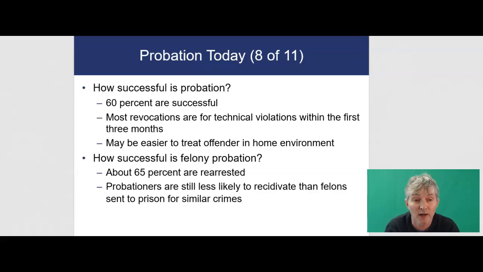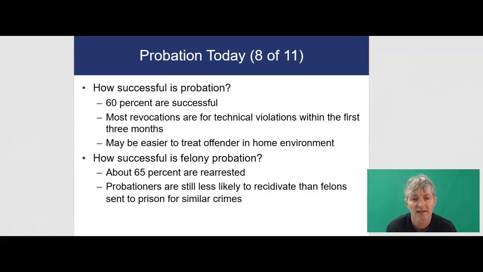You might ask yourself, well, how successful is probation? 60% successful. Most revocations are for technical violations within the first 3 months, and we're finding that it may be easier to treat offenders in the home environment, and of course it's cheaper for the state. How successful is felony probation? About 65% are rearrested, so not so successful.